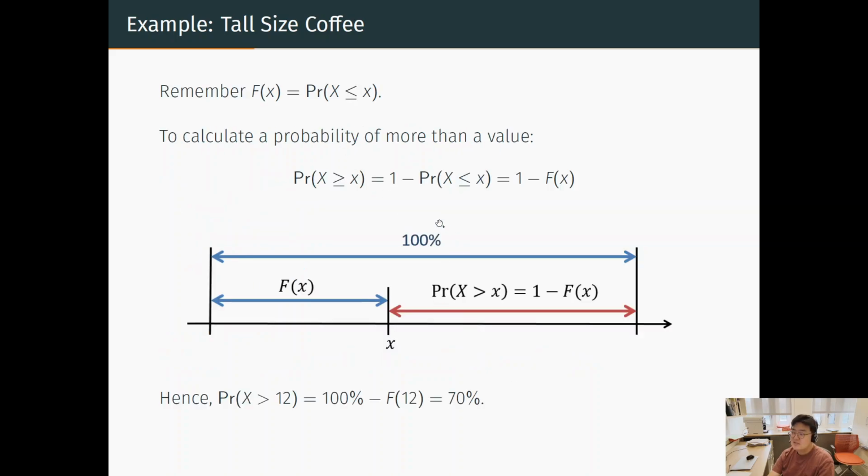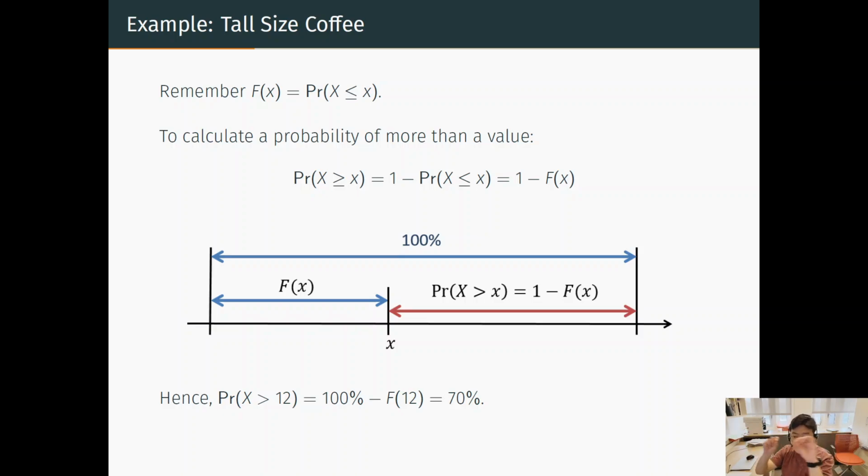If you think about length, that is natural. We know the length from the left up to a point, but we are interested in the length from that point to the right side. We know the total length should always be 100%. That's from the basic property of probability.